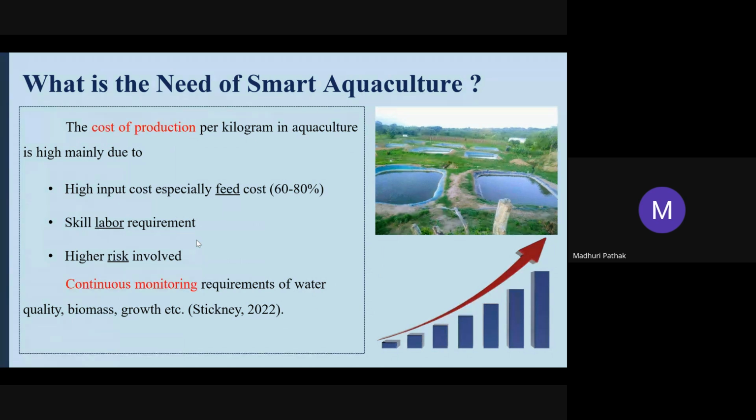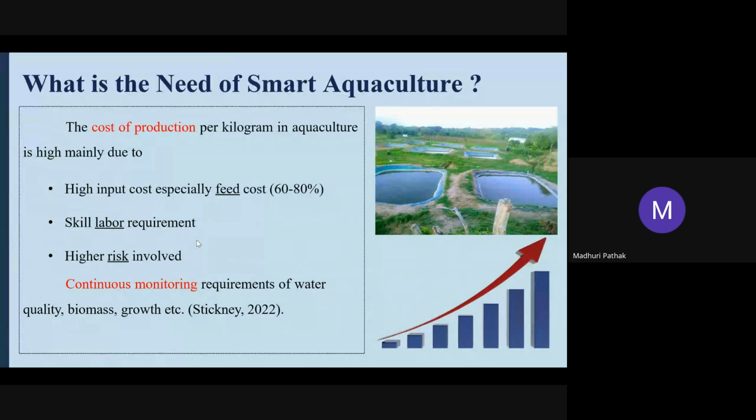So the maximum production cost goes to the feed because feed is a costly venture, and in order to have 20 to 25 percent protein, it needs fish meal and fish oil, which is also a costly aqua feed ingredient.